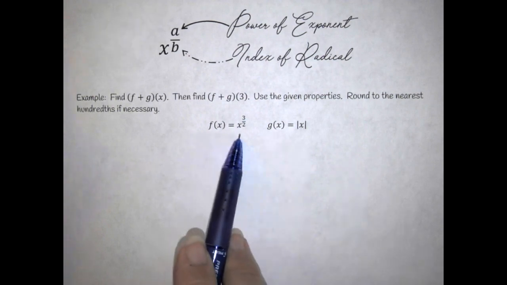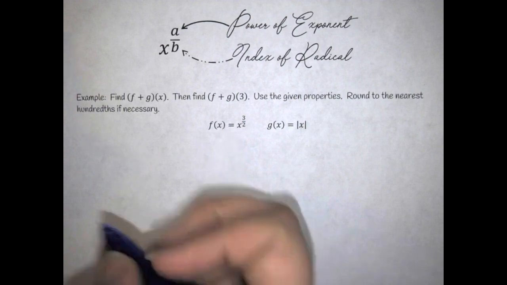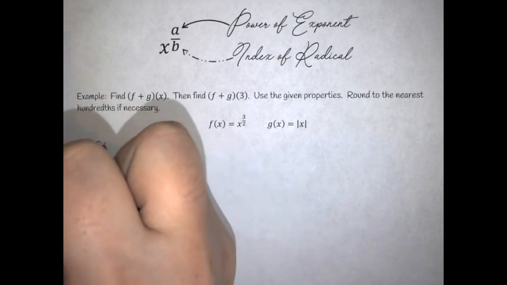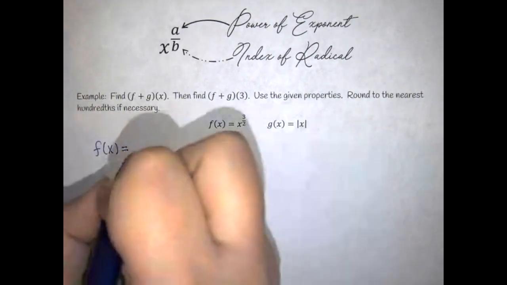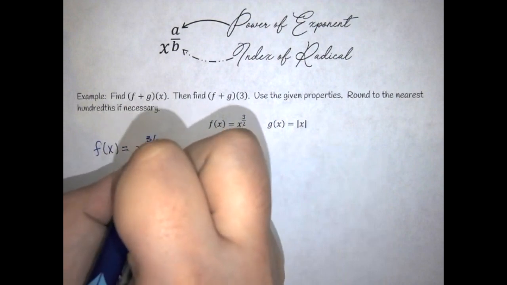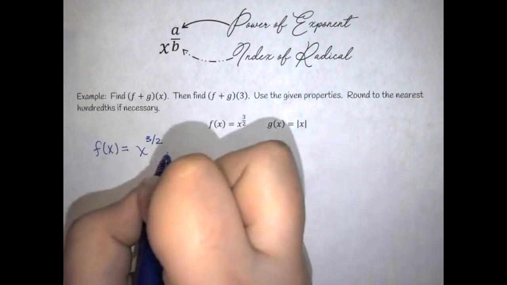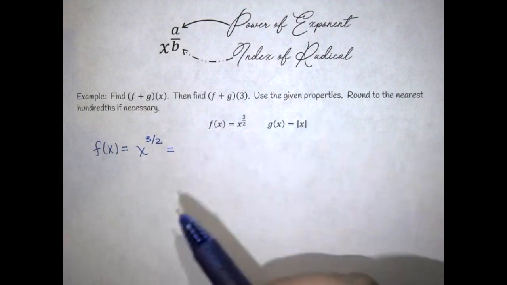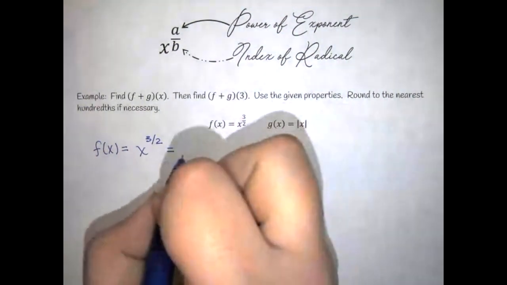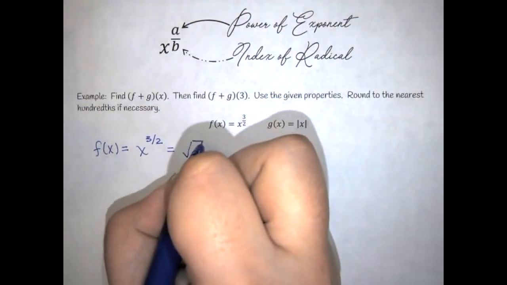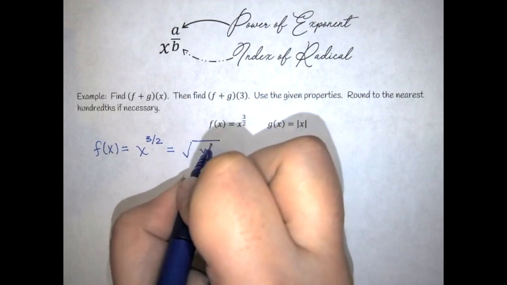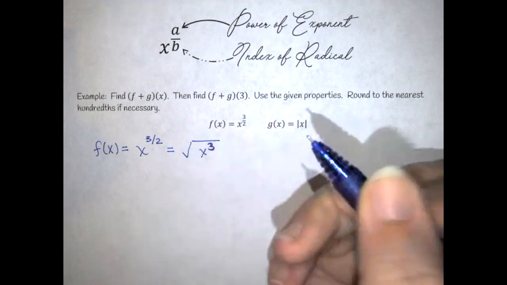So here we have that f of x is x to the 3/2. So one thing that you need to keep in mind is that when you have f of x being x to the 3/2 power, that is the same thing as recognizing that you actually have the square root of x cubed.